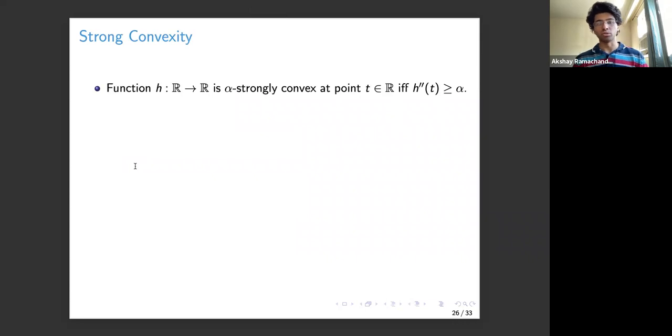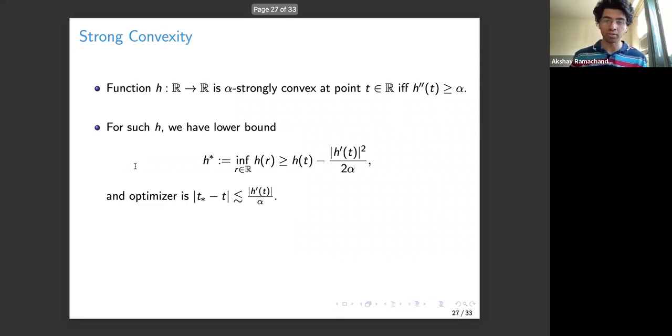So back to convex optimization, recall that a function is convex if every second derivative is non-negative. A function is alpha strongly convex if, did it get cut off? Yeah. If the second derivative is at least alpha, sorry. And recall that for a convex function, all the tangent lines live below the function, right? This says that the function actually curves away from the tangent line quite strongly, right?